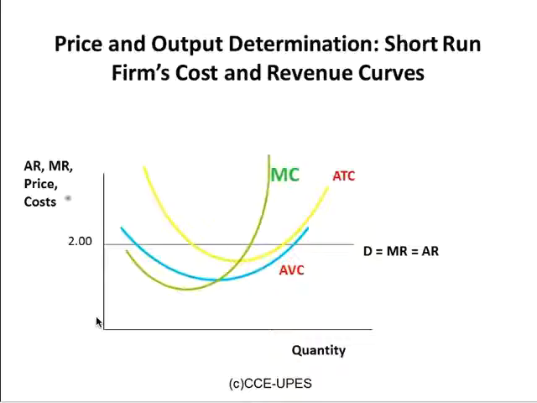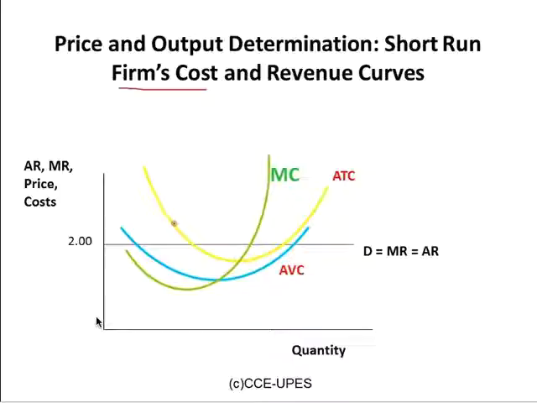The short run, as we've seen, is a period where fixed factors cannot change, only the variable factors can change. It is primarily a concept concerned about the firm's cost. Revenues, in a perfect competition, as we saw, marginal revenue is equal to average revenue, and it's a parallel line to the horizontal axis.